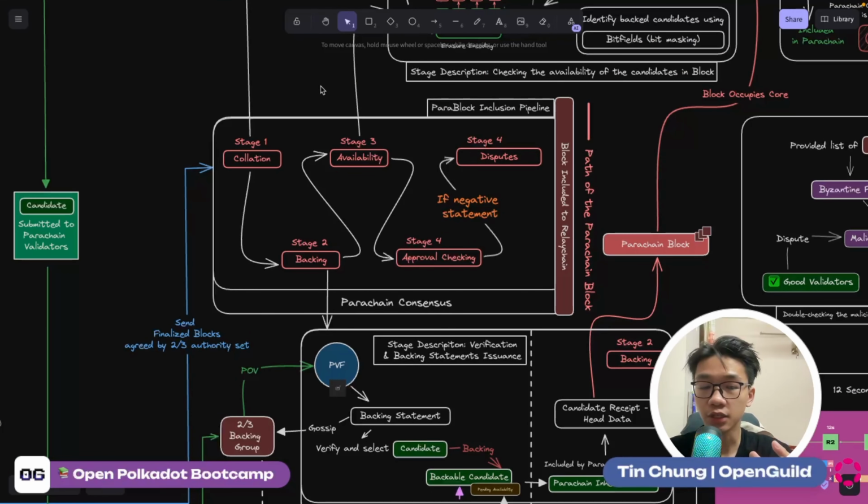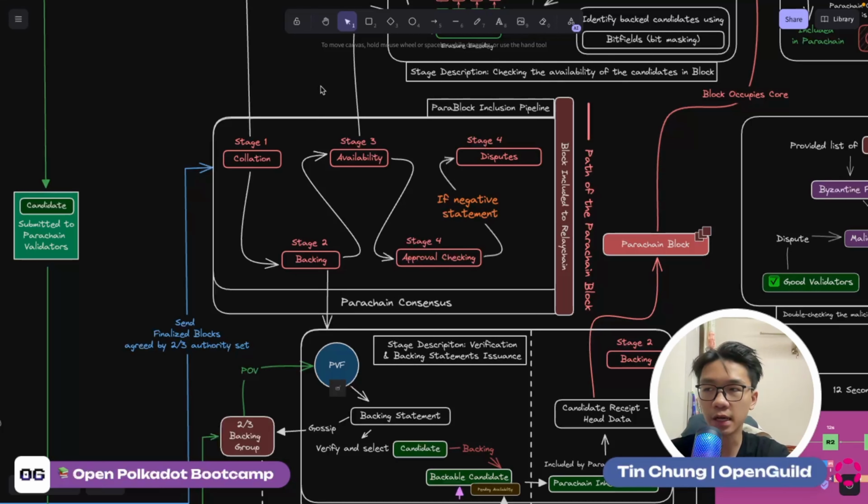After the backing stage, there would be the availability stage. This availability stage processes everything related to data availability between the Parachain and the relay chain. Data availability is a very important problem in distributed systems and in blockchain specifically. In Ethereum, we have proto-danksharding, full danksharding, or data availability sampling as some of the Ethereum proposals you can reference related to data availability.